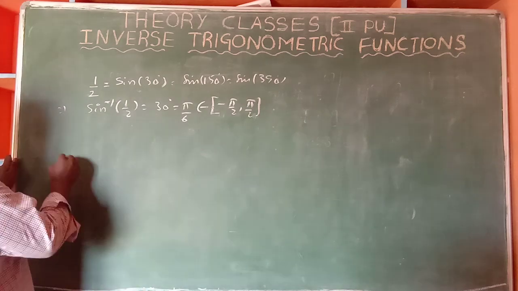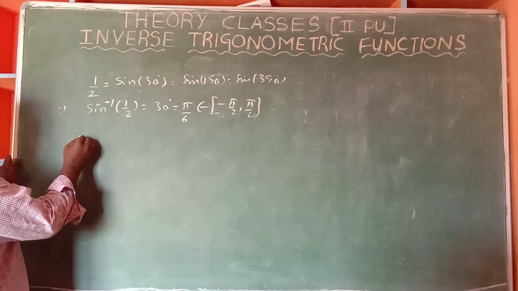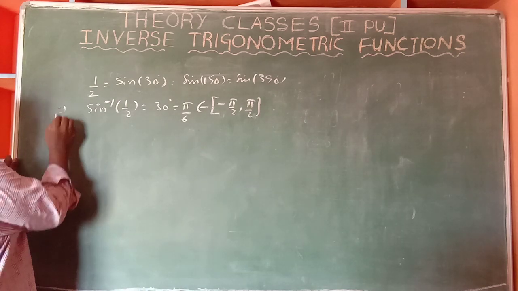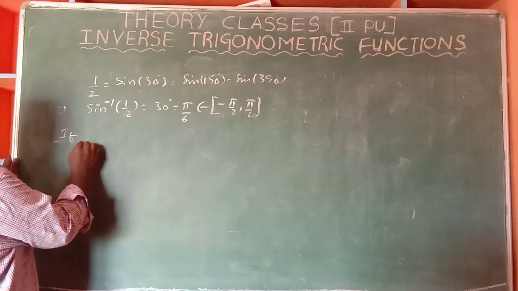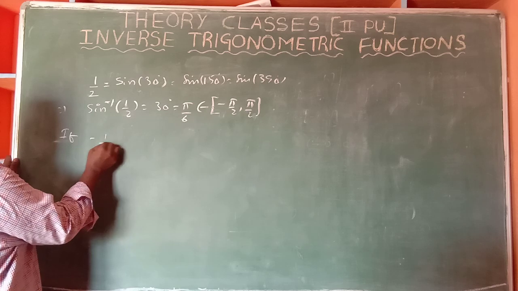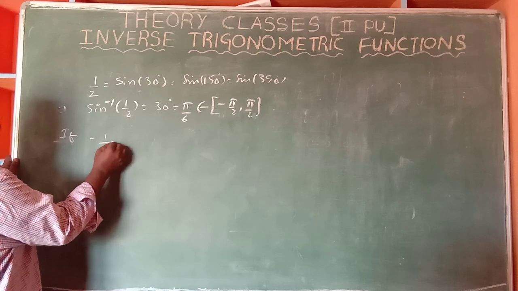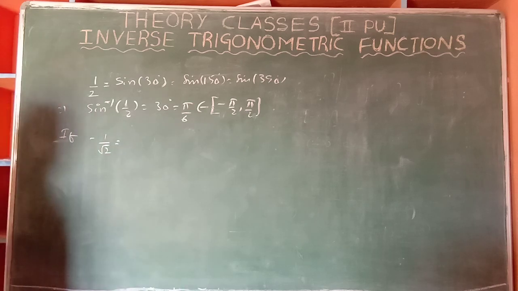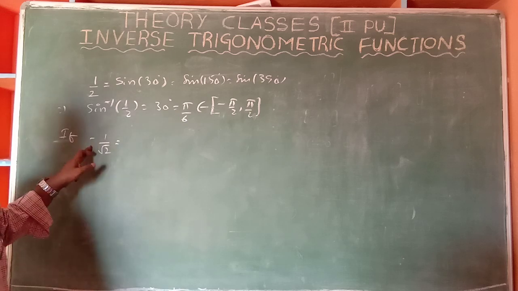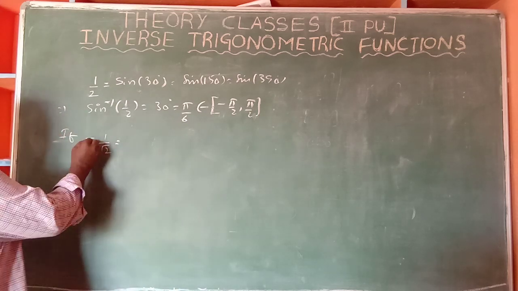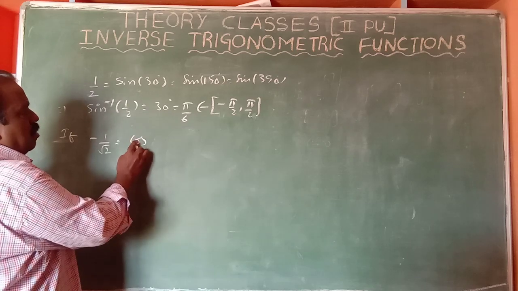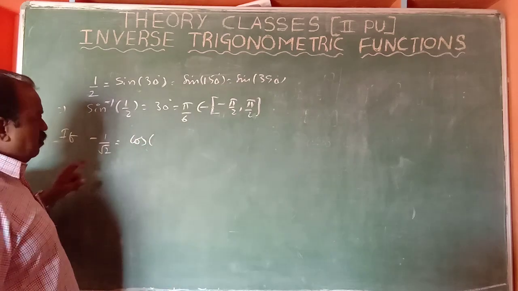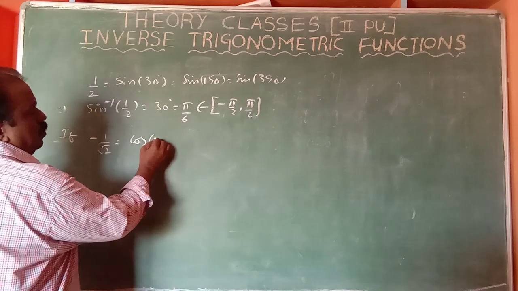Similarly, if you see minus 1 by root 2, a number. Cosine of which angle gives this minus 1 by root 2?